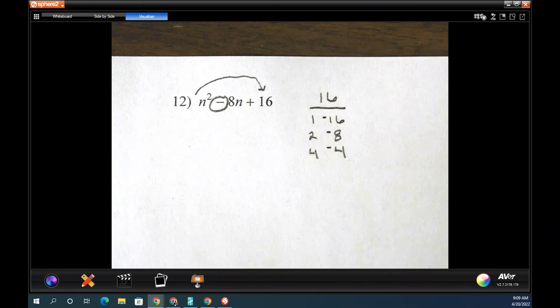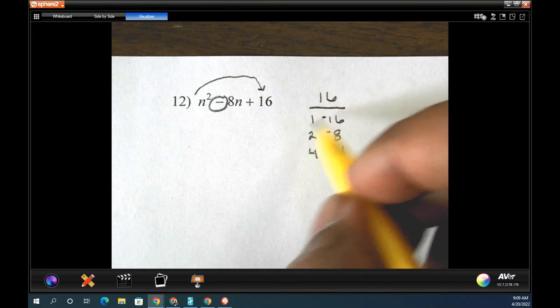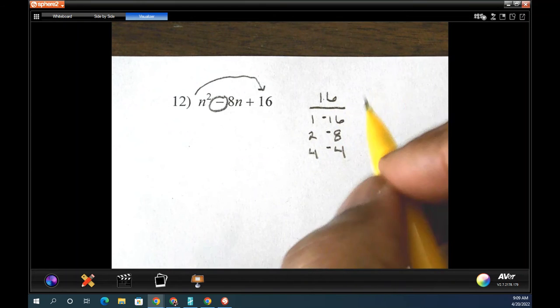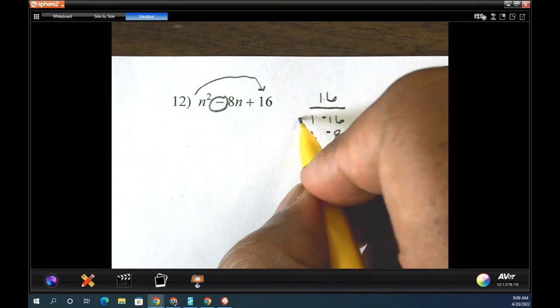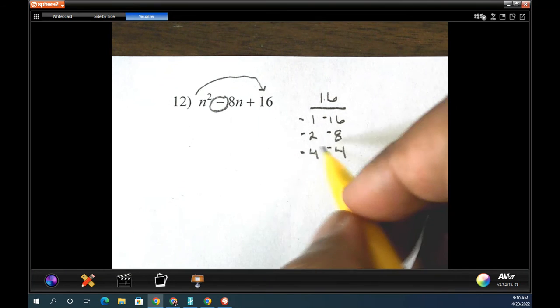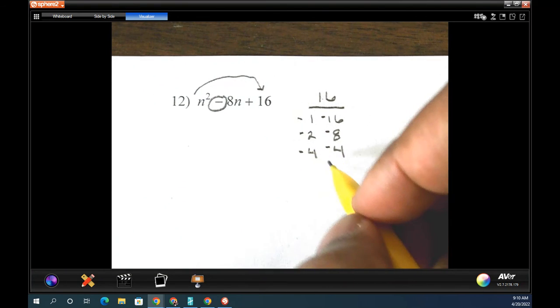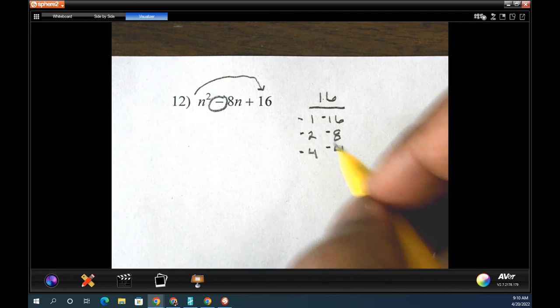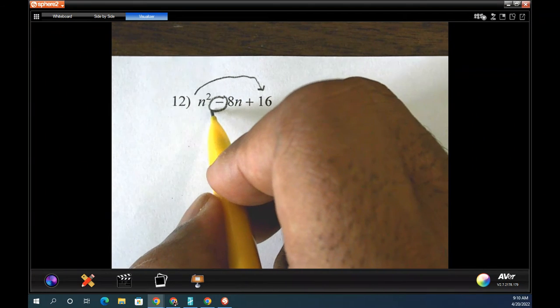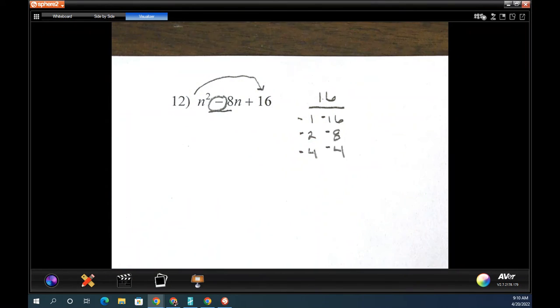Now, do your sign check. A positive times a negative is a negative, but the 16 is positive. So once again, we have to change these to negative. Because what's a negative times a negative? Positive. So now, we need to find the two factors that add up to negative 8.